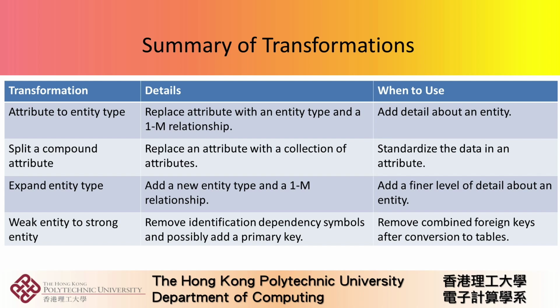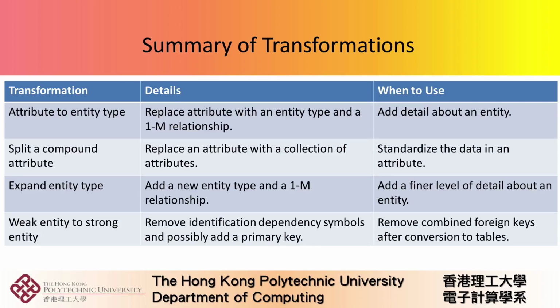It is used for standardizing the data in an attribute. Entity expansion transformation adds a new entity type and a one-to-many relationship. This transformation is used for adding a finer level of detail about an entity.